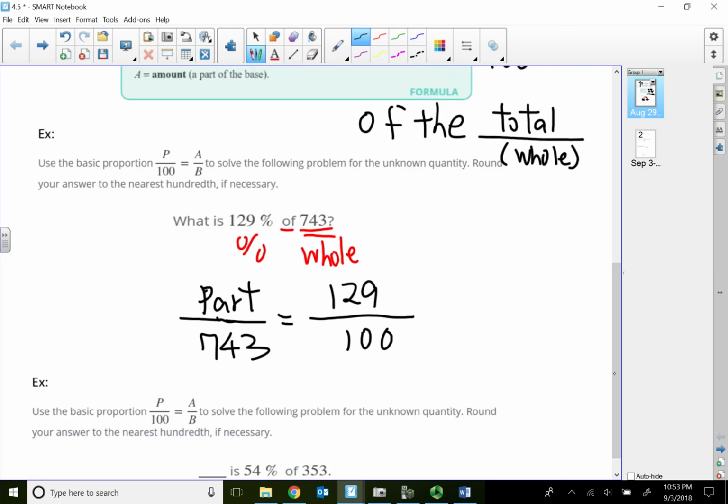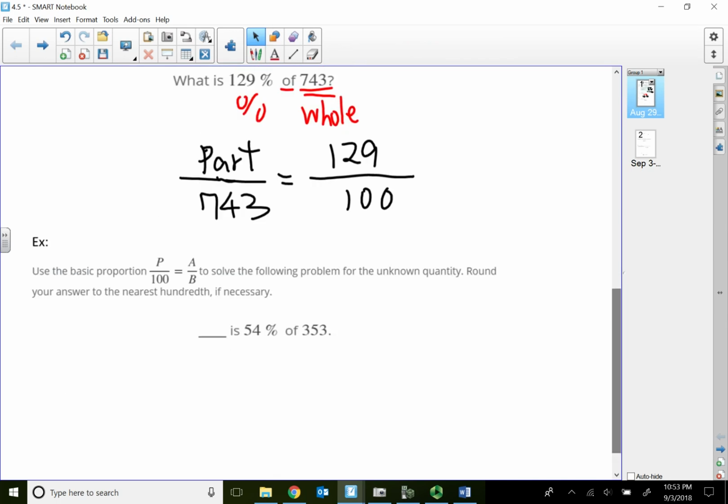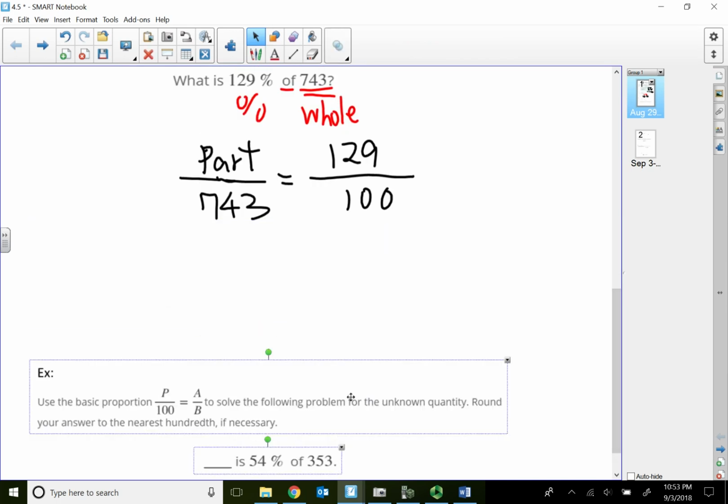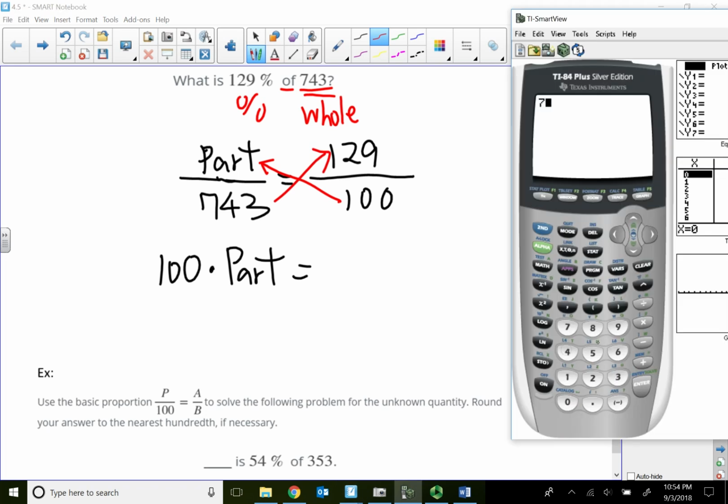All right, so a little bit of cross product here to help us solve this proportion. So I'm going to say 100 times the part is equal to 743 times 129. 743 times 129.